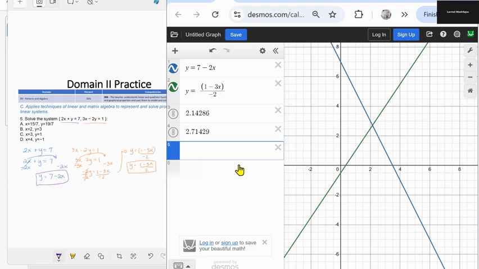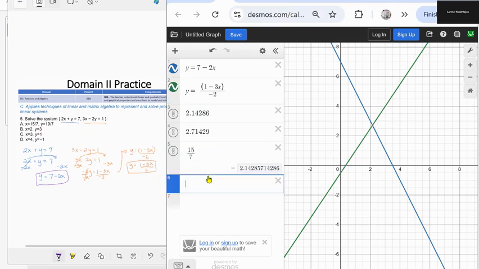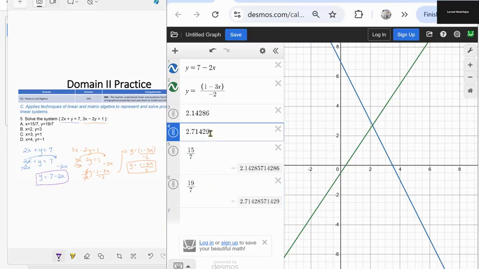Now, what I can do is convert this fraction to decimal. 15 divided by 7. It's matching my x. And then my next one is 19 over 7. 19 divided by 7. It's matching my y.